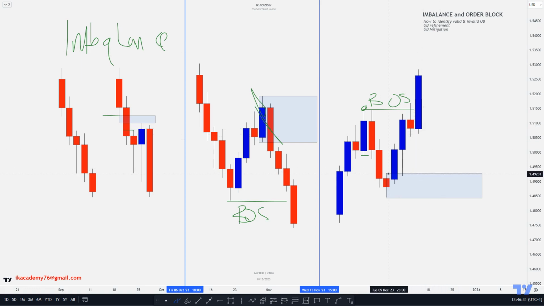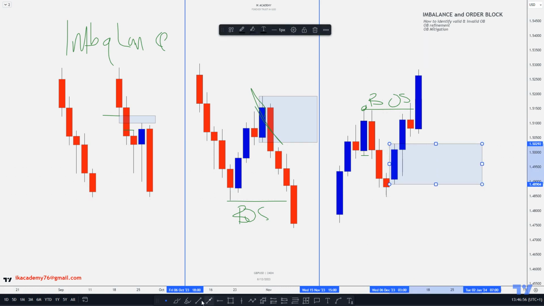Price is filling this OB, tapping the top, the high of this order block, and we can clearly see that there is no imbalance at this point. So we refine by looking at the next candle. We pick the next candle to act as our order block.